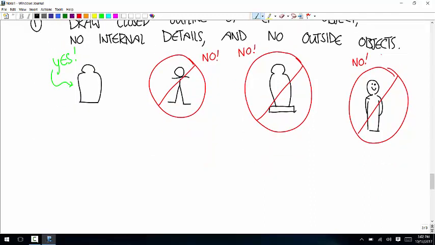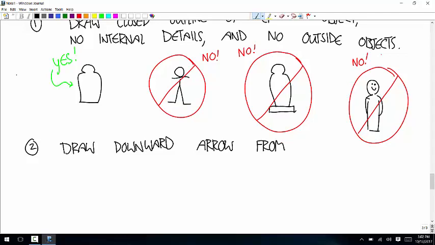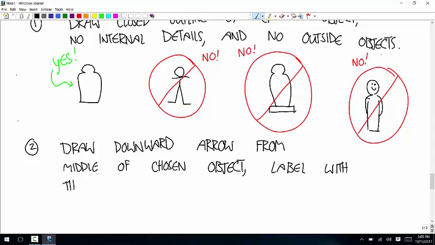Then the second step is to draw a downward arrow from the middle of the chosen object and label it with the weight, if you know what the weight is, or you can label it mg.